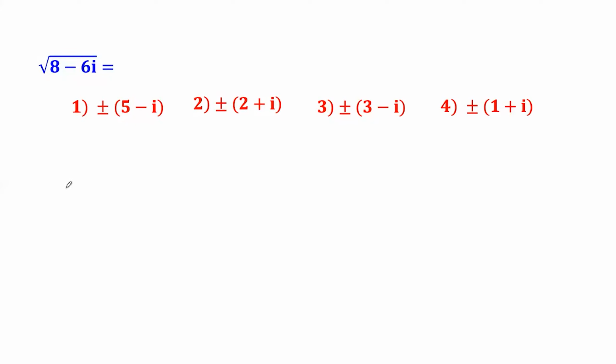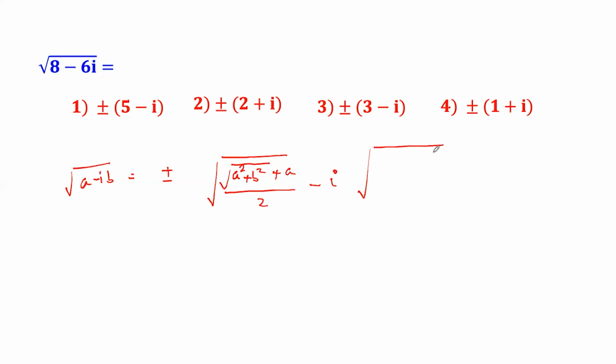I recommend that you remember the formula: the under root of a minus ib is plus minus, the bracket of under root of (under root of a square plus b square, plus a) by 2, minus i times under root of (under root of a square plus b square, minus a) by 2, right?